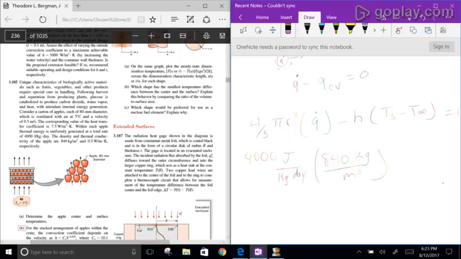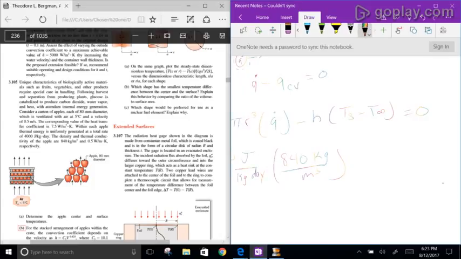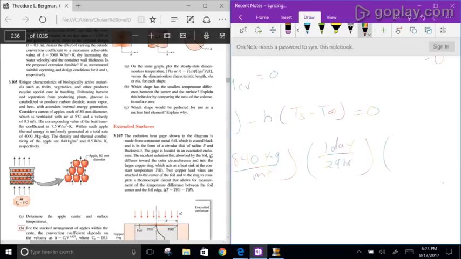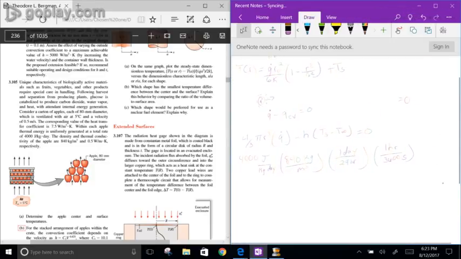Then we get rid of the day to get joules per second, so 1 day over 24 hours, and then 1 hour over 3,600 seconds.